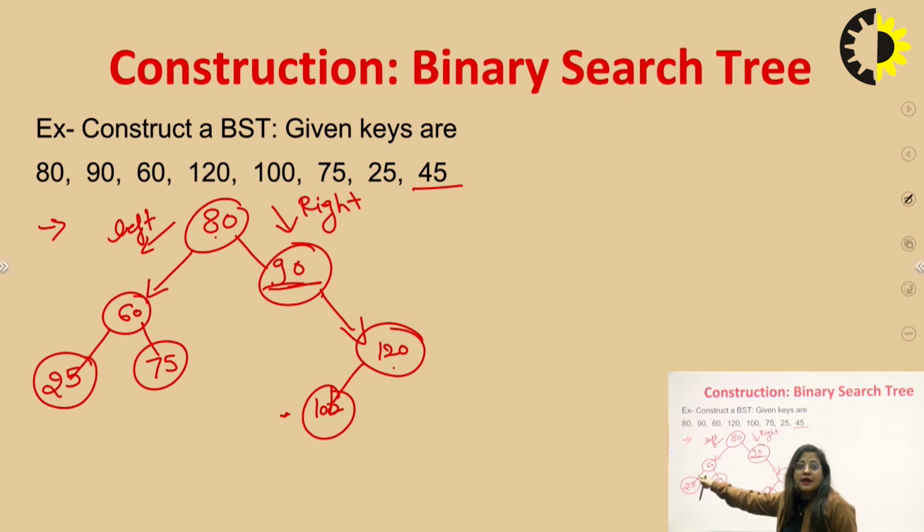It will come to the left side. Again 45 is checked with 60. 45 is less, so it goes to 25 on the left side. Now 25 is a simple node, so check 45 with 25. 45 is greater, so it will come to the right side of 25.